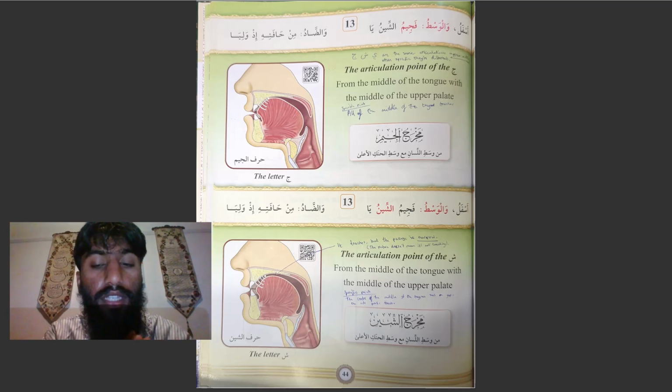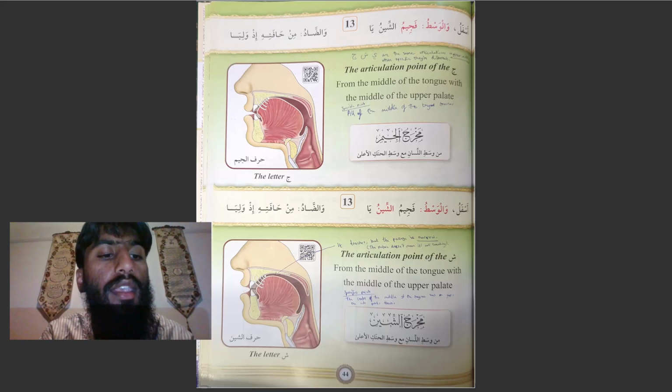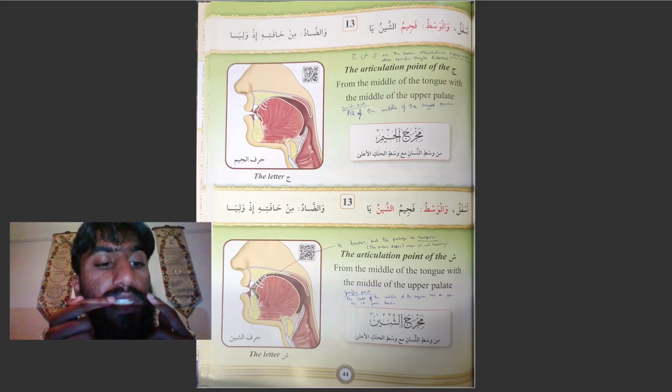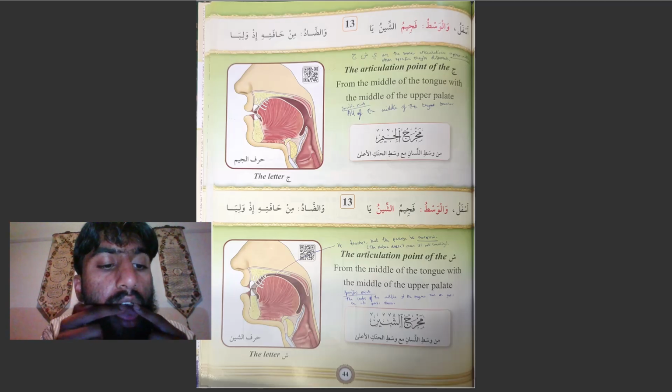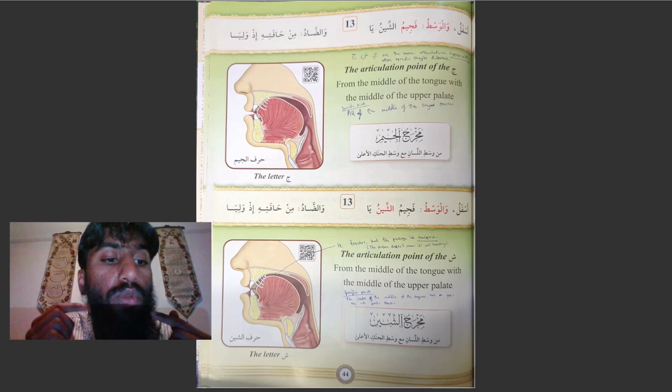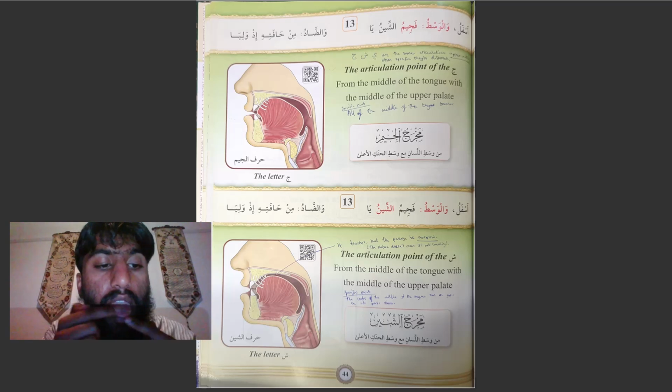Then Sheen is from the same place. So just like you did before, if you find the place by listening, y, y, y. Notice that my tongue goes down because I'm lifting just the place behind the top, which is the middle, just behind the top of the tongue.